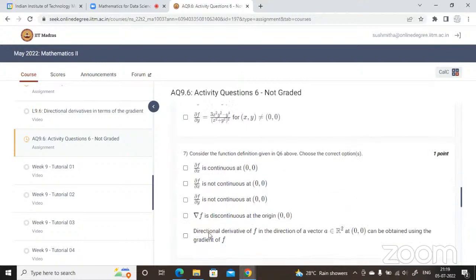I didn't understand: the directional derivative of f in the direction of the vector A at (0, 0) can be obtained using... So you use option 4 for it. Yes, option 4 is incorrect, because the function is discontinuous, so you cannot use that formula.